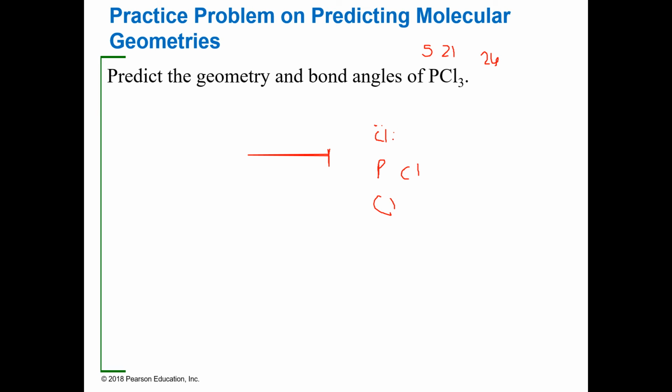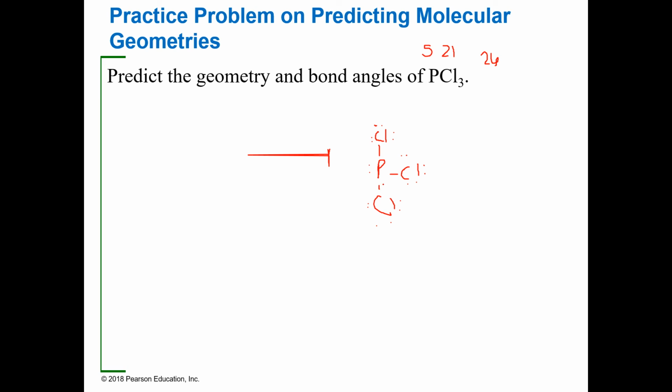Do my 8. How many have I used now? I've used 24. I have 26. I have 2. I'm going to put those 2 on the central atom. Does phosphorus have 8 now?